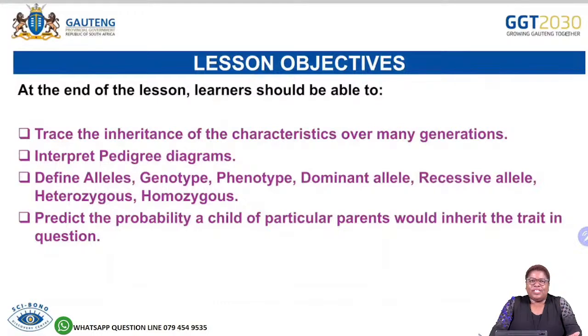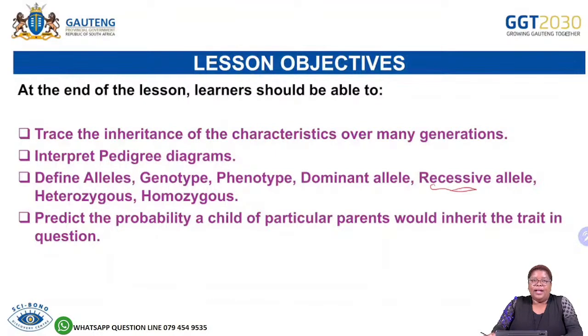And also we've got terminology that we have been learning at the beginning of the year as we were doing DNA. Now we are doing genetics. Those terms are still coming. You need to know the definitions of alleles, the difference between the genotype and the phenotype, the difference between the dominant and the recessive allele, and the difference between heterozygous and homozygous.